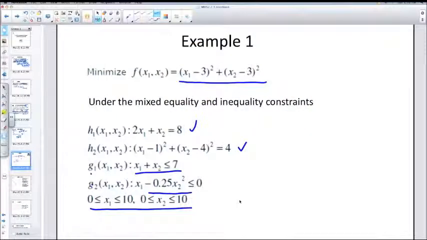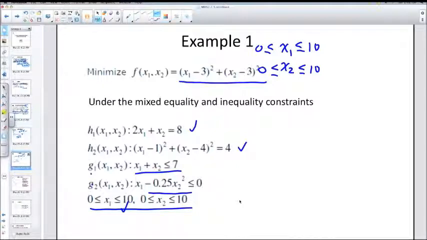Okay, back to this example. Let's identify the design variables x1, x2, and the lower limit is 0, upper limit is 10, see here, and the same here. That's the first item.